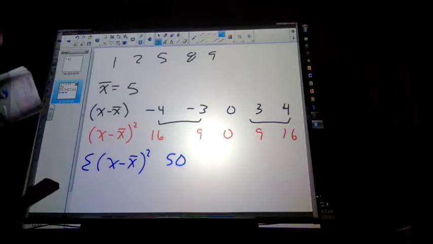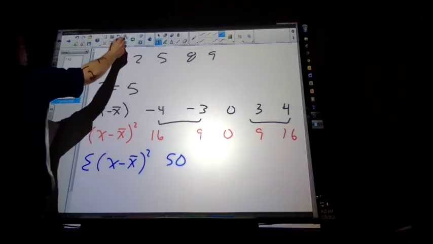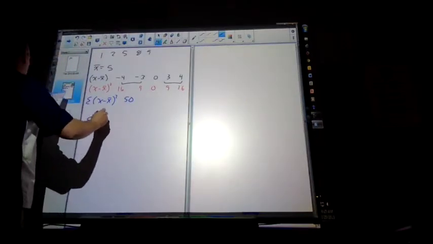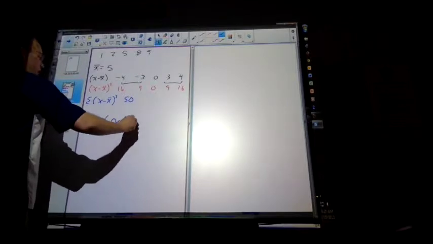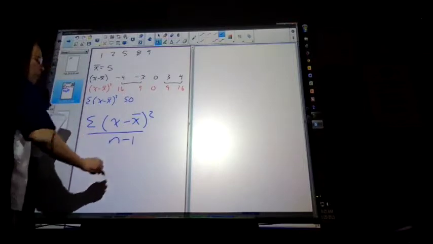And then we just have to do what we're told on it. The next step, we want to do the summation of x minus x bar quantity squared divided by n minus 1. This is a sample, so we're going to do n minus 1, and they're telling us to use n minus 1 on this one. So what does n represent?